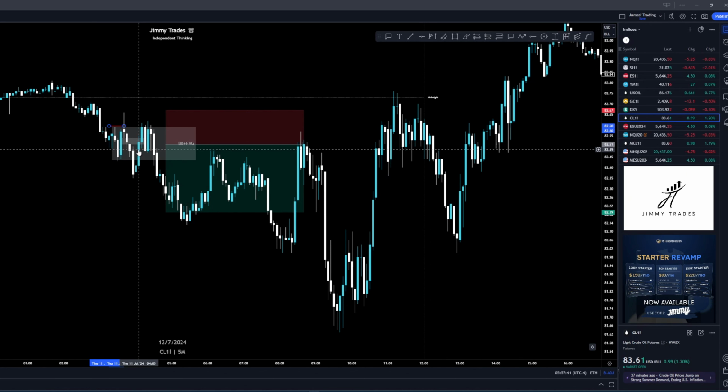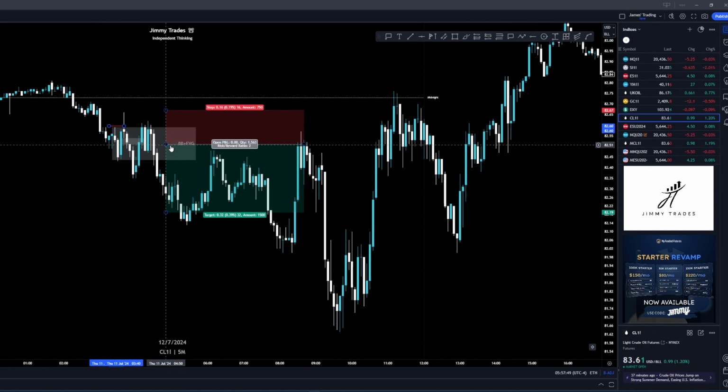So I decided that I actually liked the idea of taking the entry off the FVG inside the breaker, and what that also enabled was a reduced risk. So it reduced my stop, and it also meant I would have a TP at 2R that was sooner.